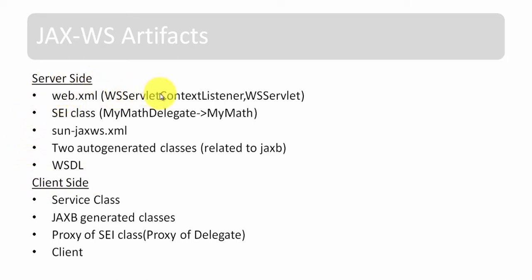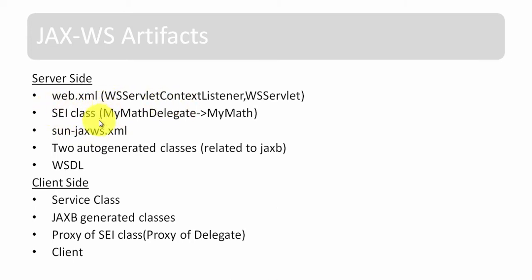Modifications in the web.xml include WS Servlet Context Listener configuration and WS Servlet configuration. Then we have the service endpoint interface class.